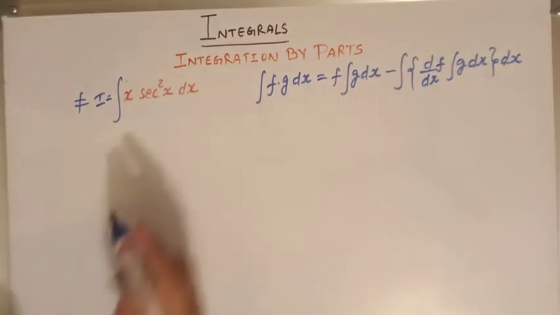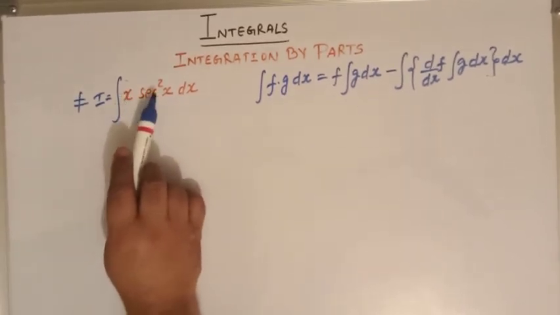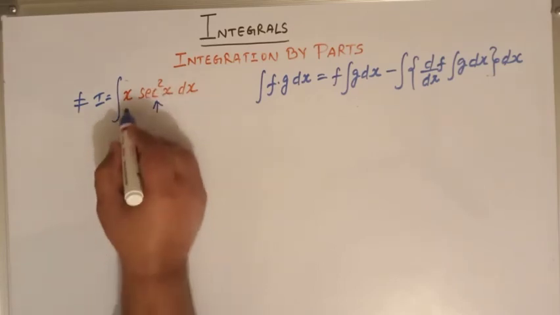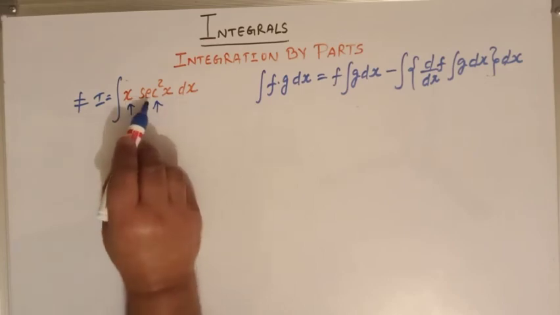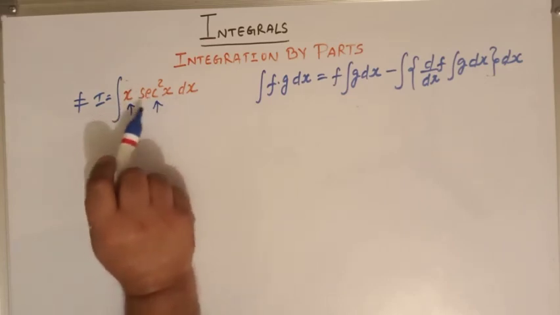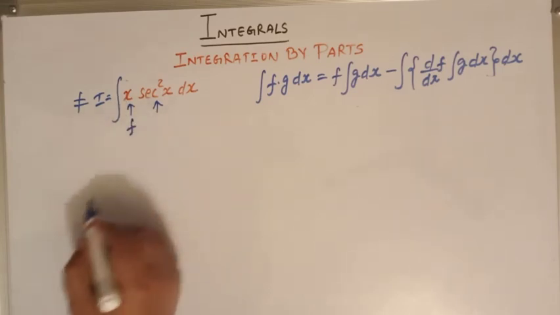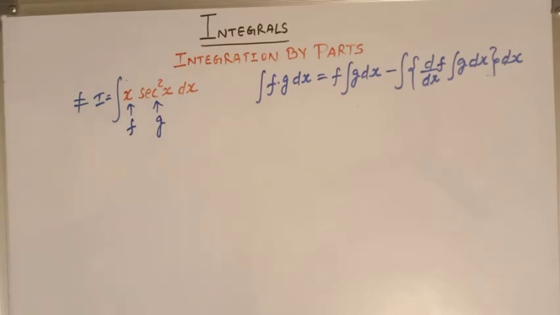Now suppose we have to integrate x sec square x. Here this is a polynomial function and this is a trigonometric function. So x should be taken as the first function and sec square x should be taken as the second function.